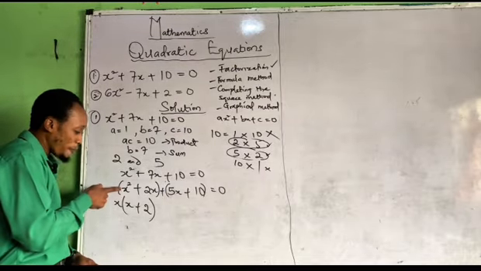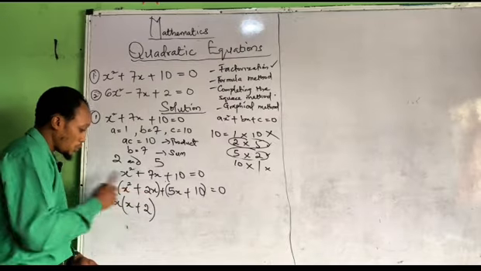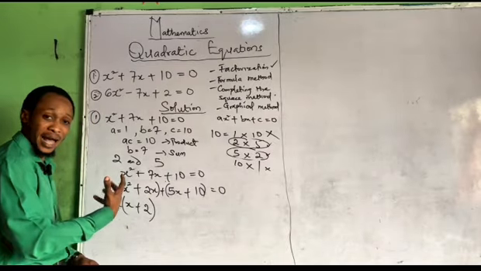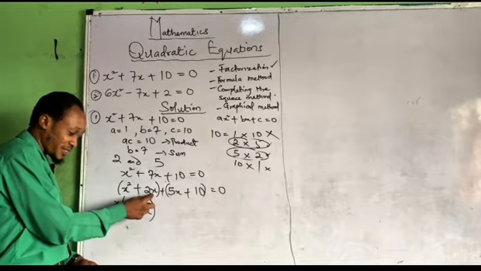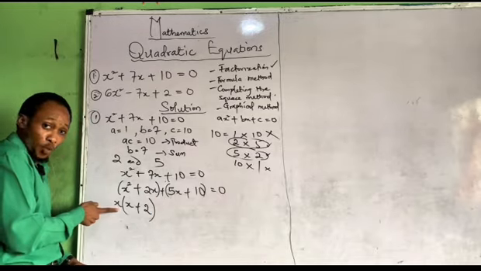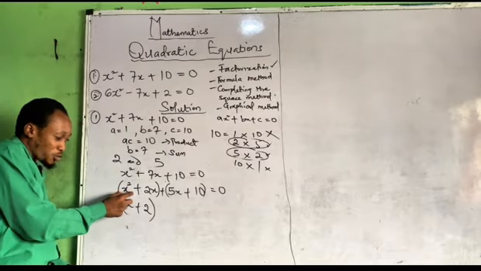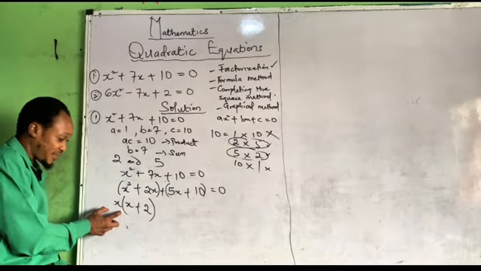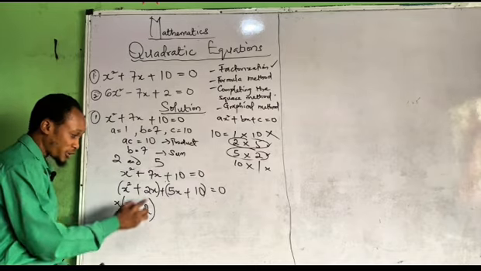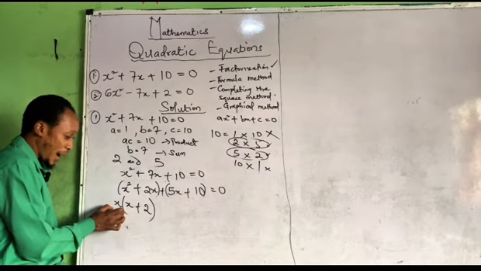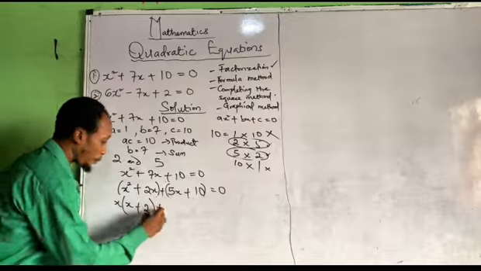Here we have 1, and there is also 1 in 2, and x squared is carrying x, and we also have x in 2x. So dividing x squared by x, we have x, then plus 2x divided by x, we have 2.